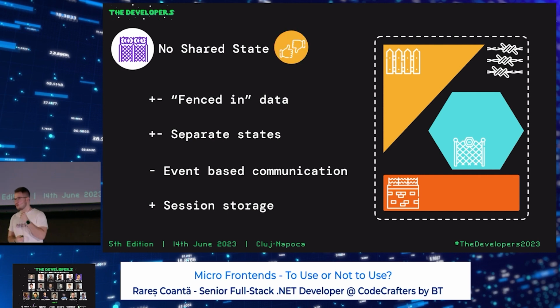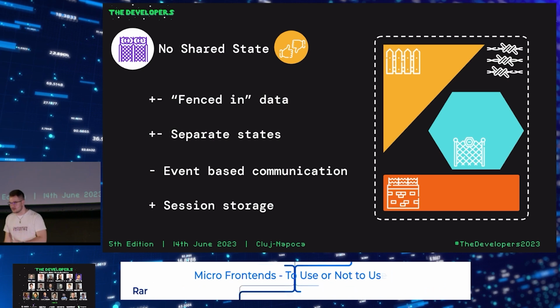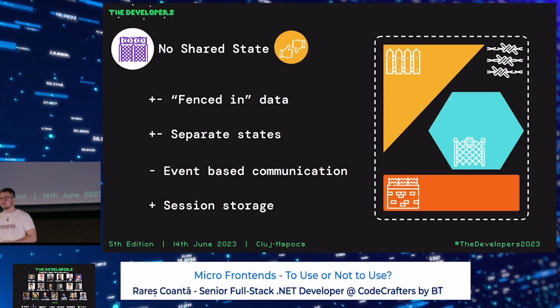Because why would we need our different micro frontends to communicate to one another? We could use fenced-in data. They don't know about one another. They can have separate states. It's very good. Theoretically, what this does is force you to break your big monolithic application in a better way, because it imposes some limits.